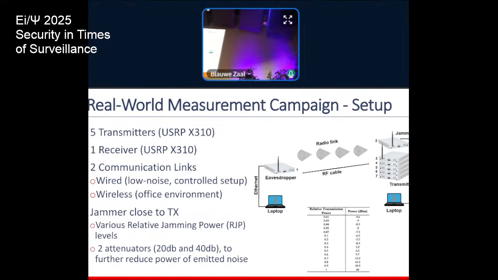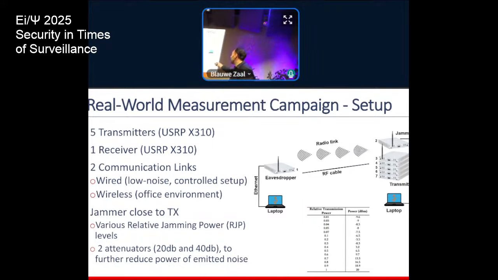To better control the deployment, to fine-tune the intensity of the jamming we injected into the wireless channel, we used also attenuators. Attenuators on the jammer, 20 dB and 40 dB, so a small attenuation and a more significant attenuation. And we also changed the power of the signal injected by the jammer.